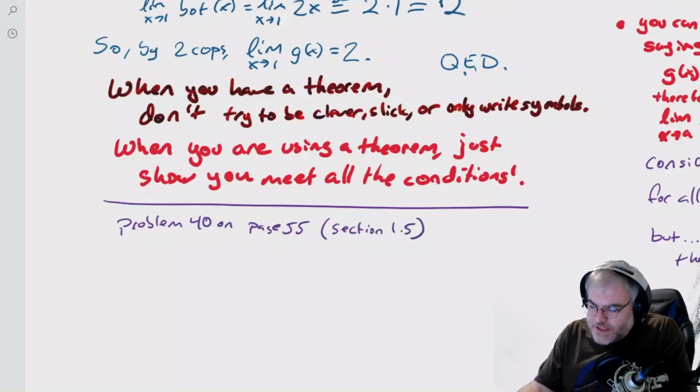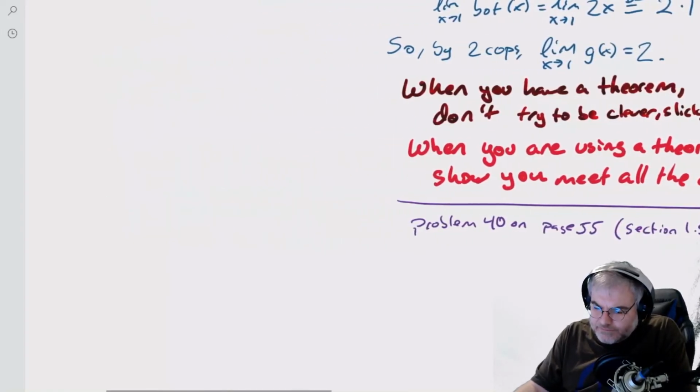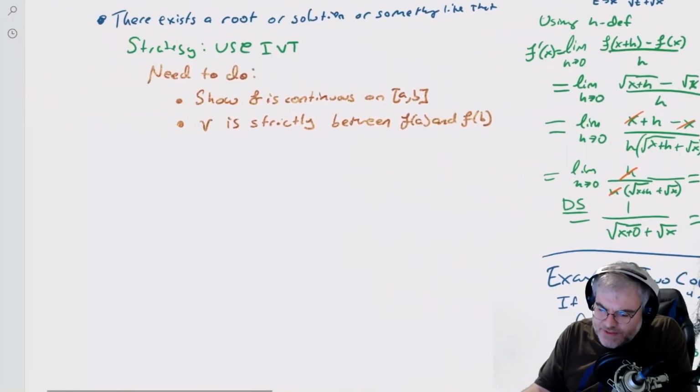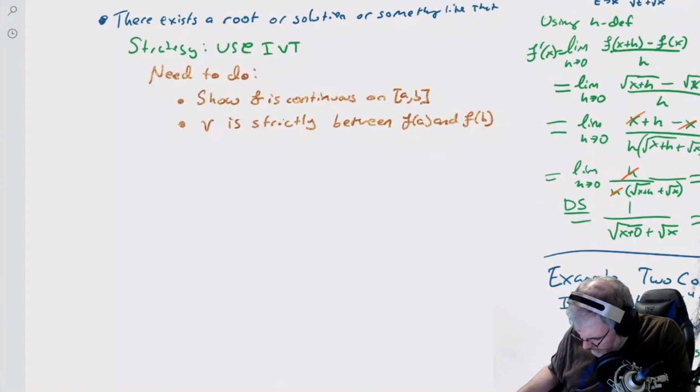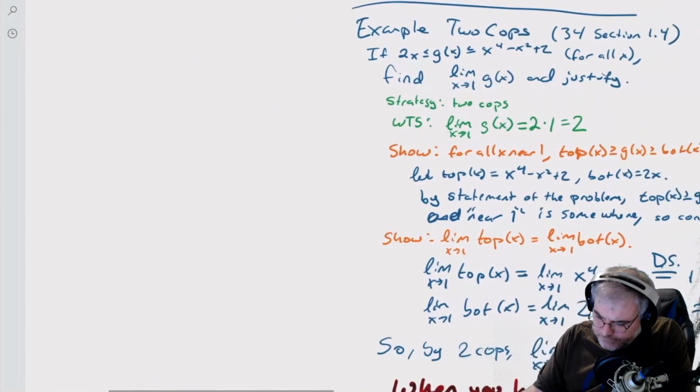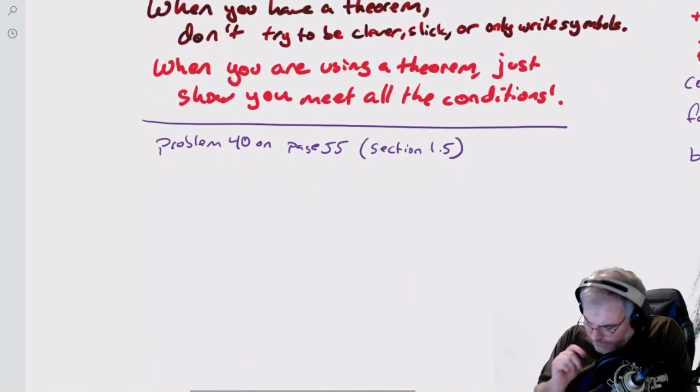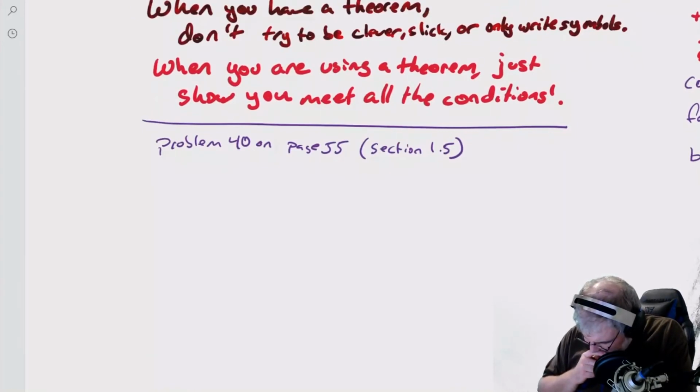So the first thing I'm trying to show is that f is continuous on the interval I want, and V is strictly between. All right, so this is problem 40.